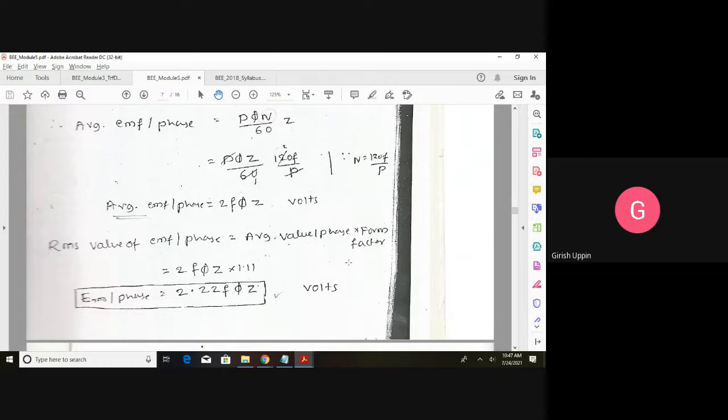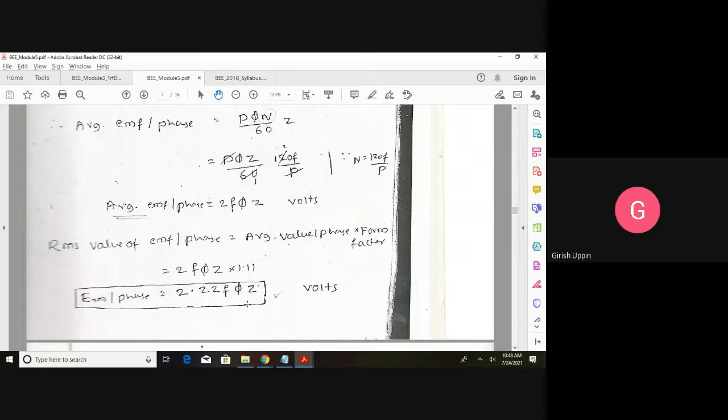For the sinusoidal waveform, the form factor is a constant, 1.11. Therefore, the RMS value of EMF per phase is equal to 2FφZ, that is the average EMF per phase, into 1.11. Therefore, the RMS value of the voltage induced per phase is equal to 2.22FφZ.